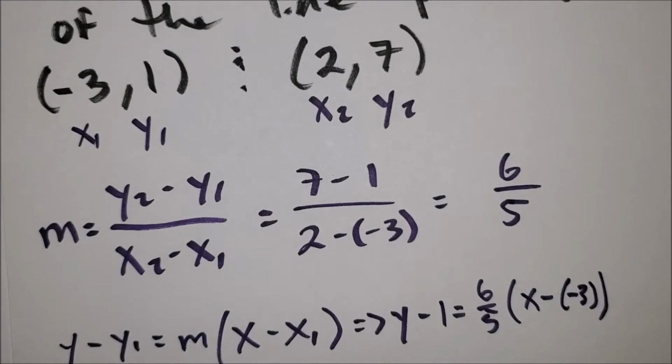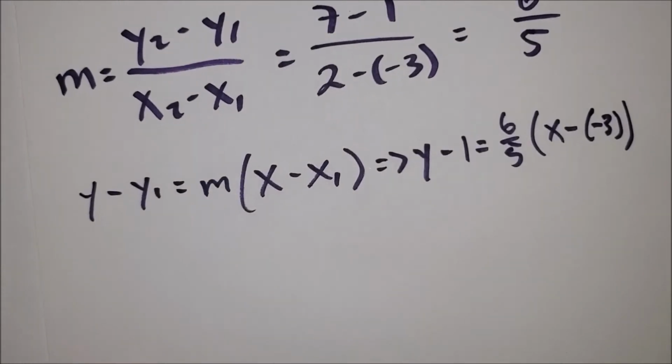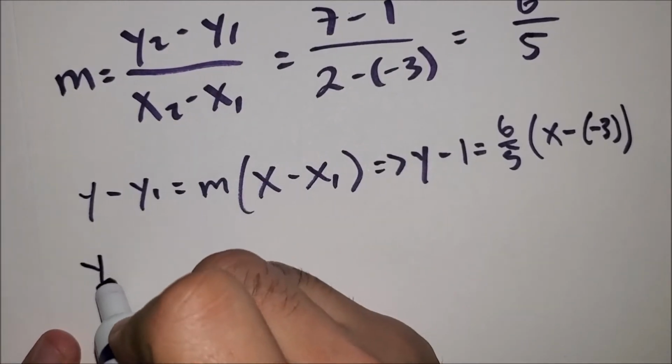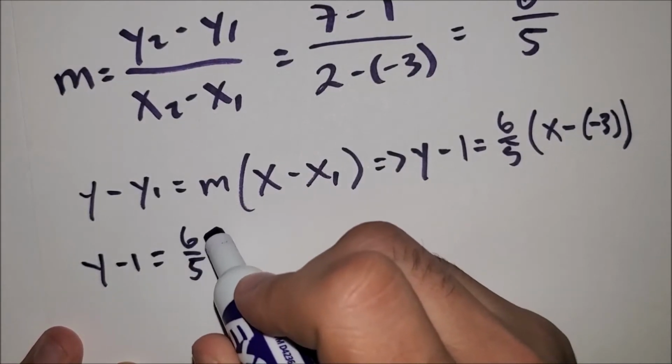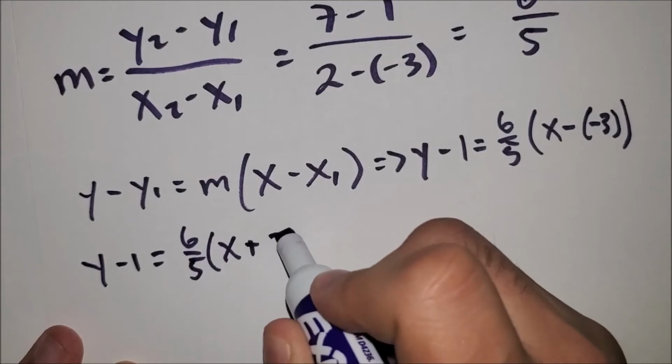Let's simplify a little bit of this. y minus 1 equals 6 over 5 times x plus 3.